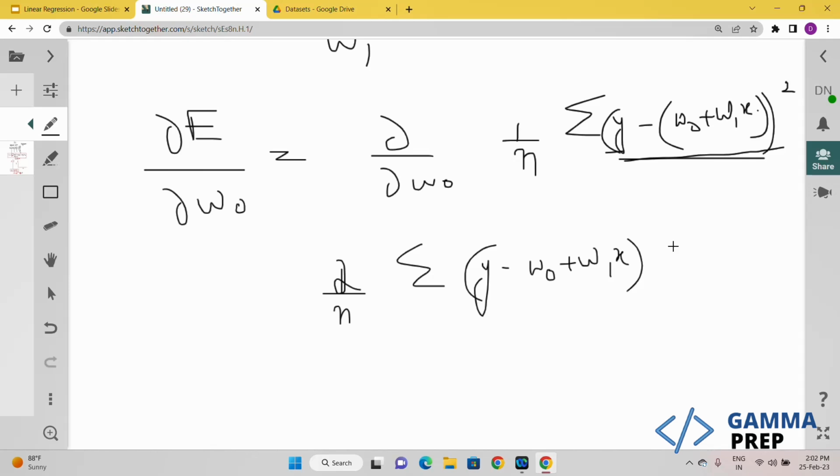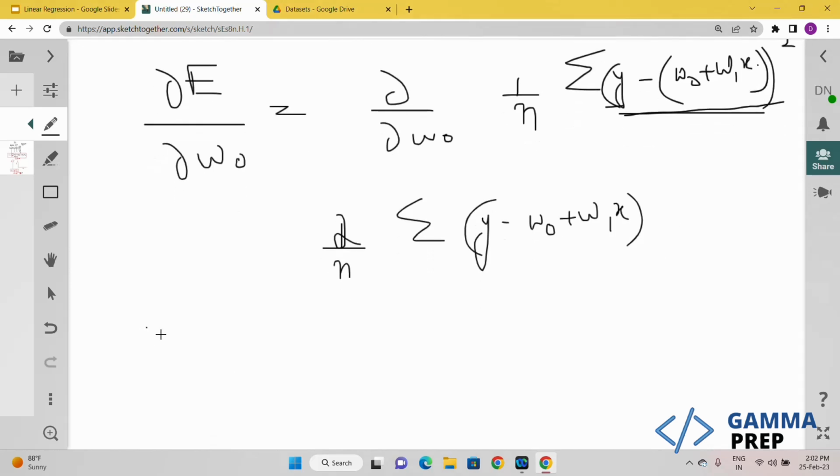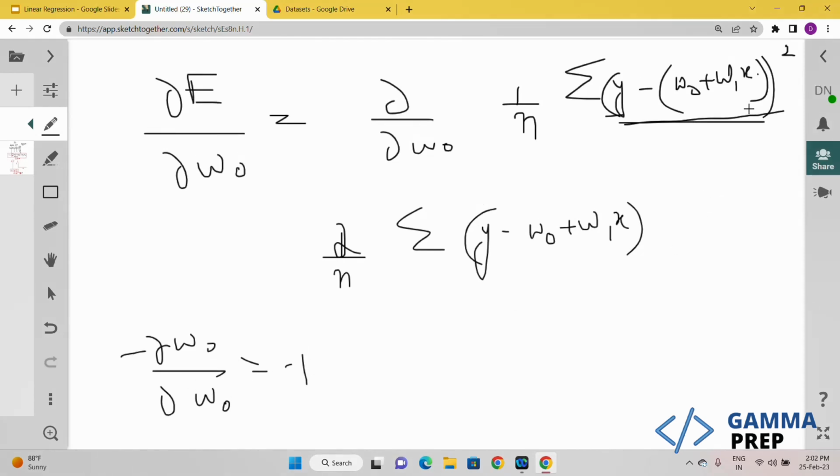Then when you differentiate minus w0 with respect to w0, you get minus 1. And when you differentiate w1x with respect to w0, you again get a 0.